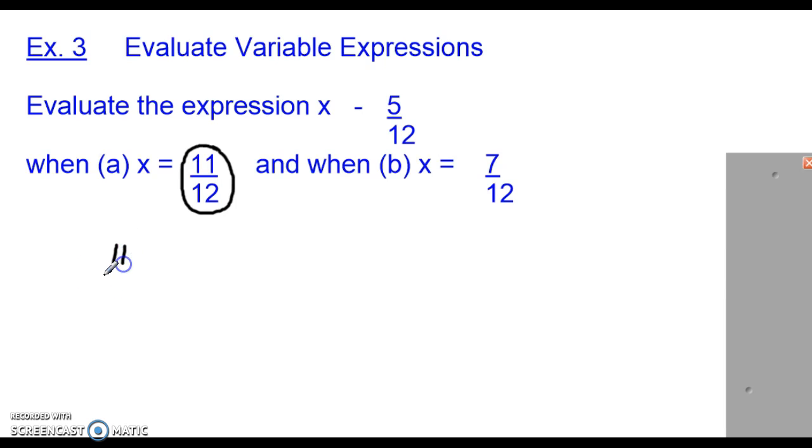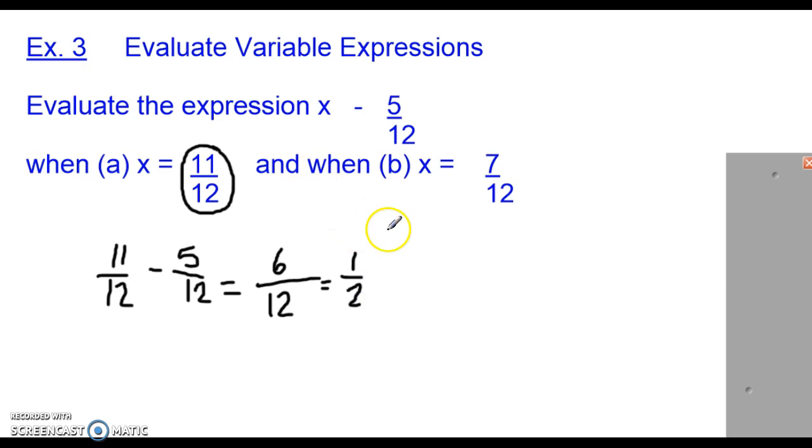So 11 over 12, I'm substituting it in, minus 5 over 12. And then 11 minus 5, that would be the difference of 11 and 5, would be 6. And then our denominator stays the same. And 6/12, you can divide both the top and bottom by 6 to get 1/2.